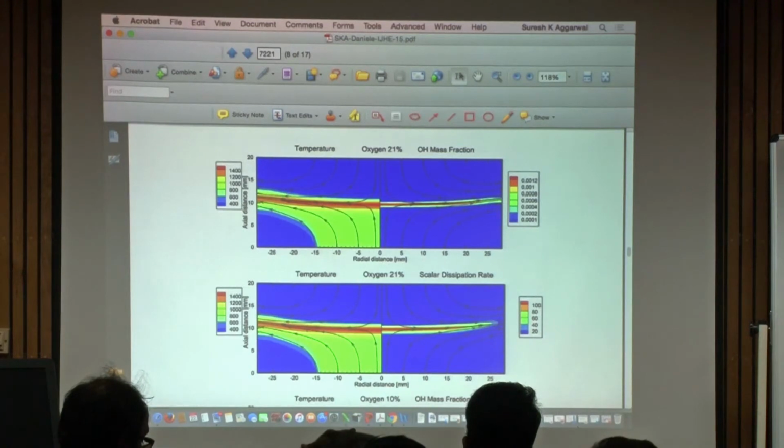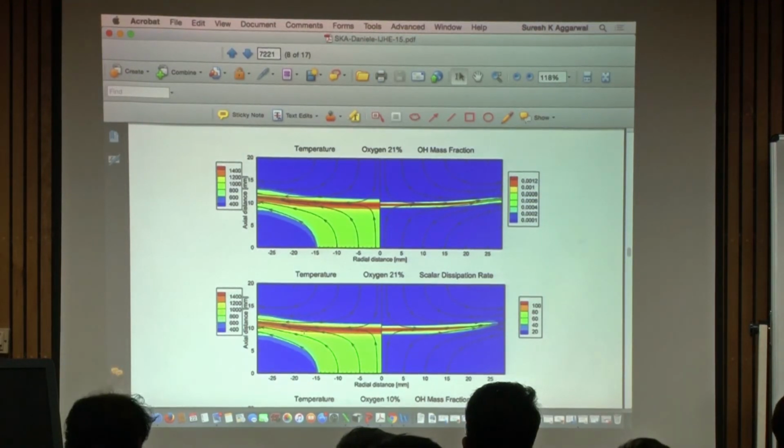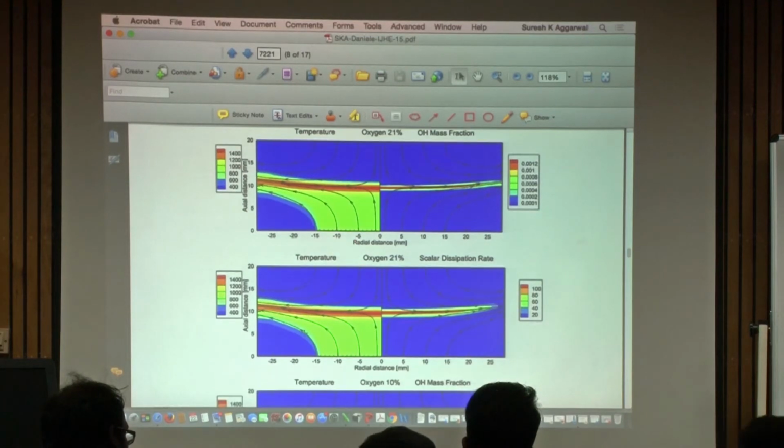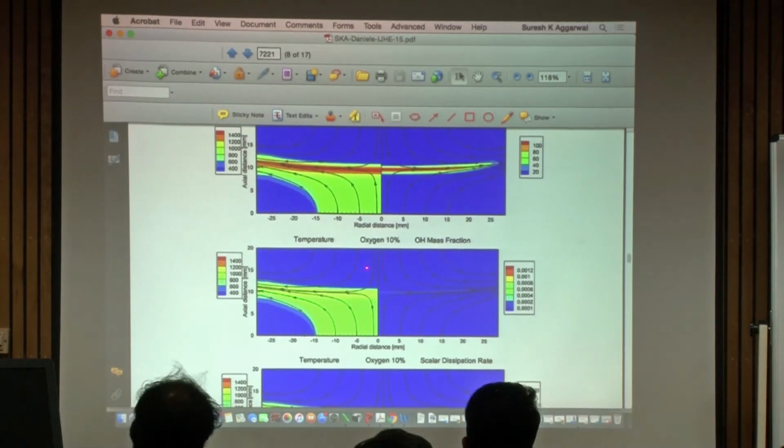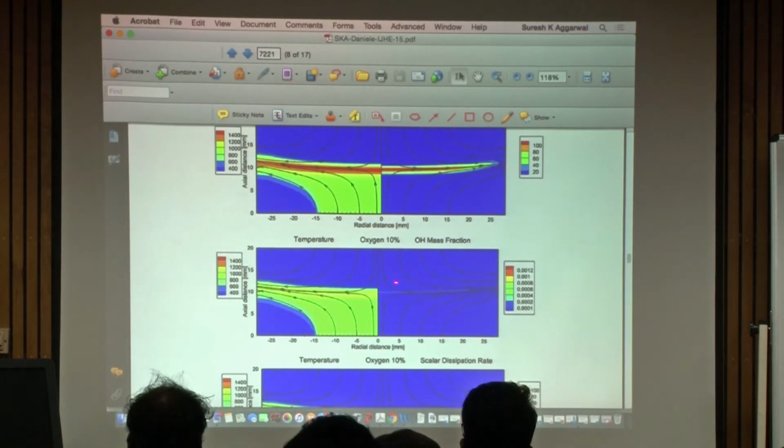Then we look at the flame extinction using 2D results. We now decrease the oxygen mole fraction in air. At 21%, this is how the flame looks. Then you go to 10%, and you see the OH values are significantly reduced. You still have a flame, but this flame is now very close to extinction.